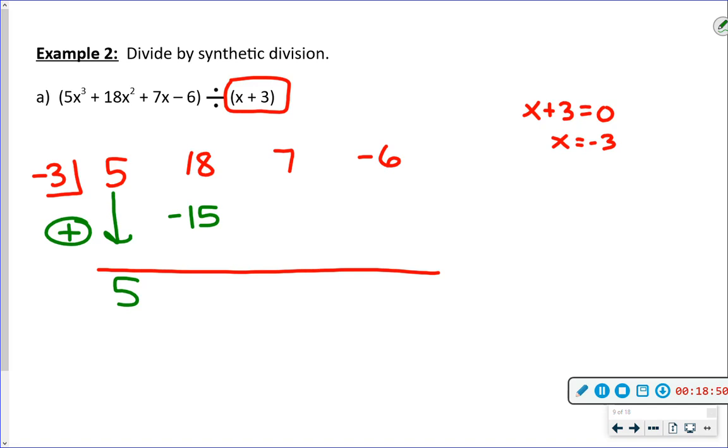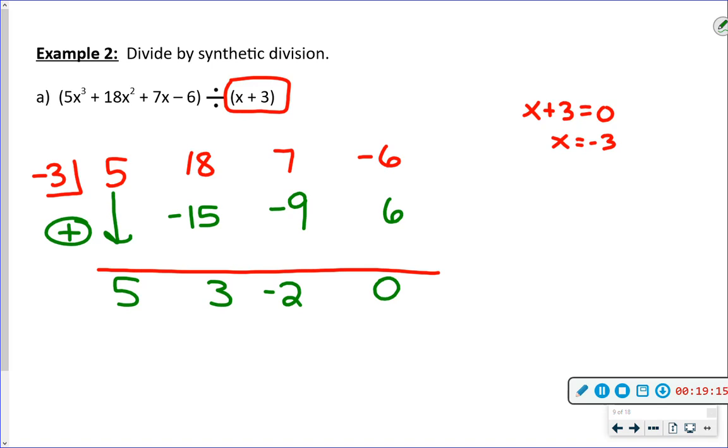I'm going to add these together, 18 plus negative 15. Any number below the line, I multiply with the divisor. So I'm going to do negative 3 times 3. I'm going to add 7 plus negative 9. Any number below the line, I multiply with the divisor. And I add.